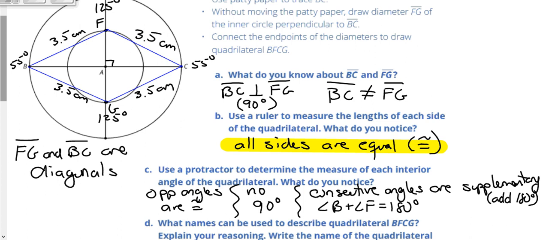Well, we know that the diagonals are perpendicular in a rhombus, and not equal.